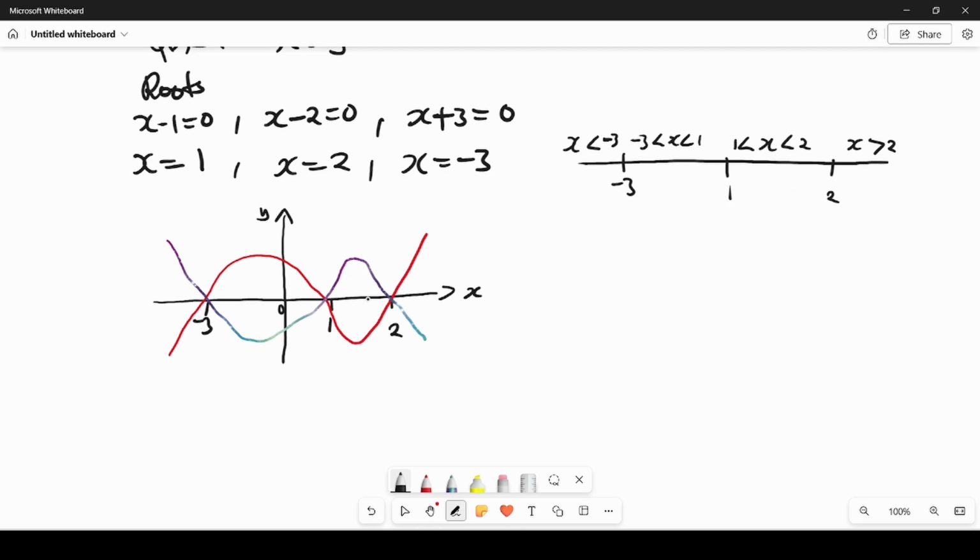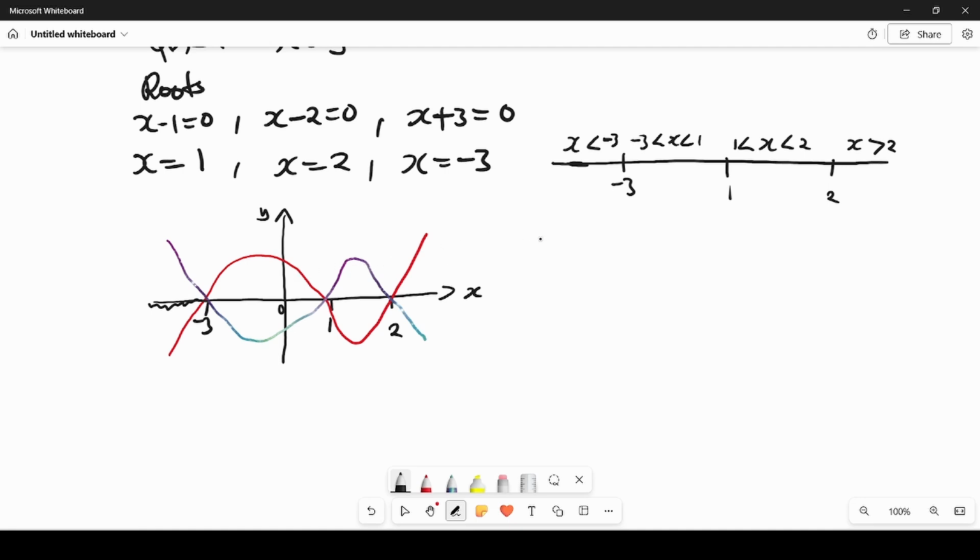Let's test these values. What will happen to the graph from here, going this side? Is it up, or is it down here? Let's test that. Pick any value less than minus 3.